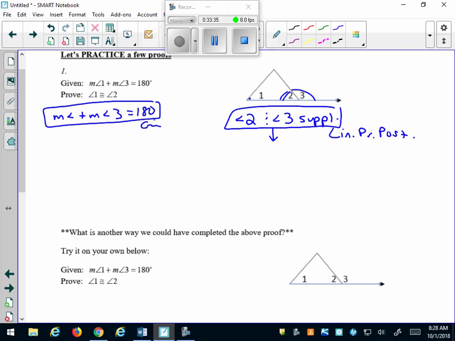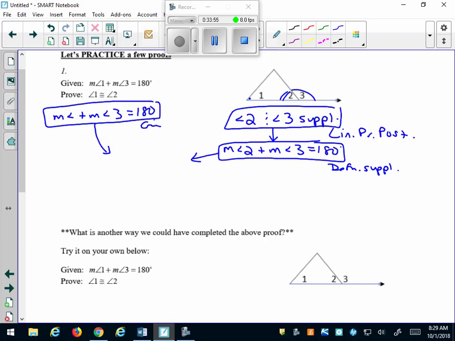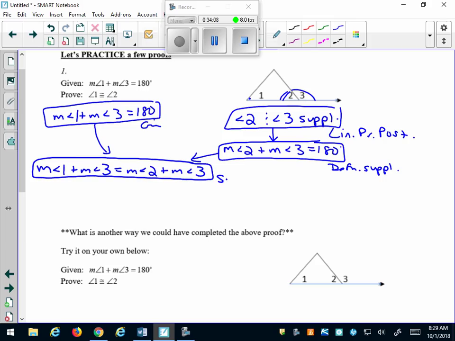Well, since they're supplementary, our natural next step would be to say that they add up to 180. This is what we are kind of used to doing. And so now we have 2 things that are both equal to 180. Measure of angle 1 plus measure of angle 3 equals measure of angle 2 plus measure of angle 3. 2 things that are both equal to the same value are equal to each other by substitution.